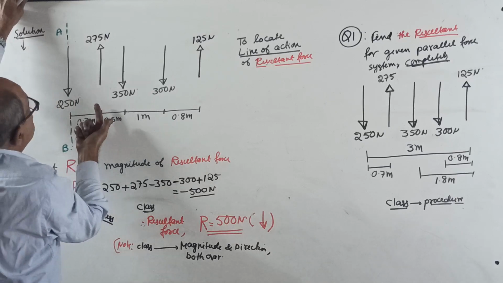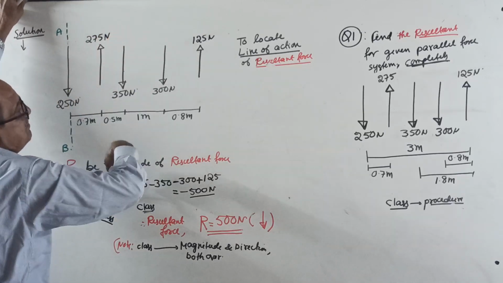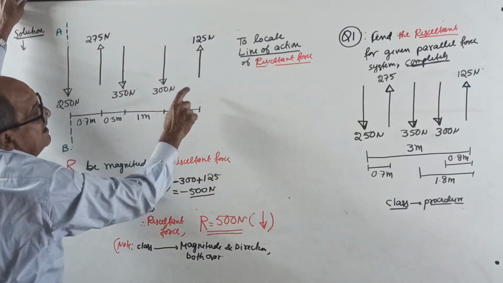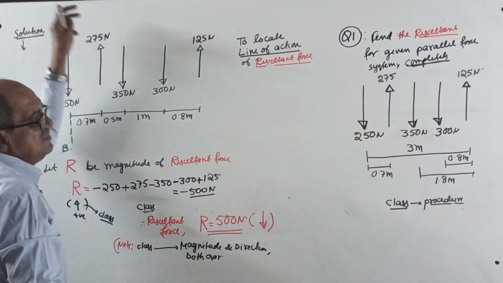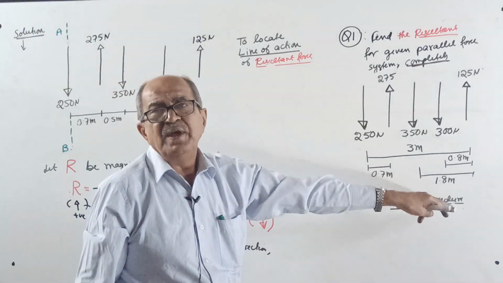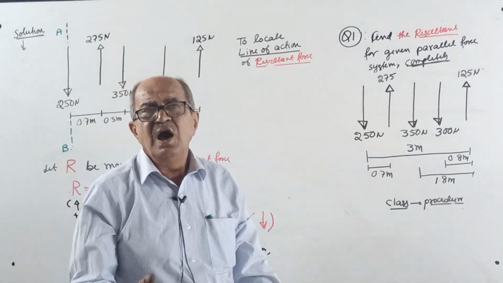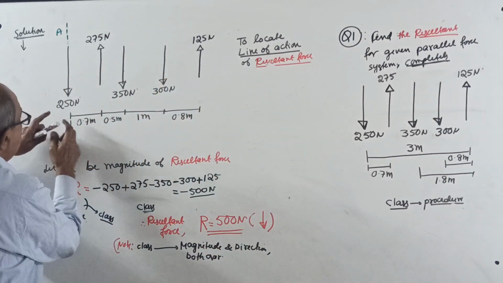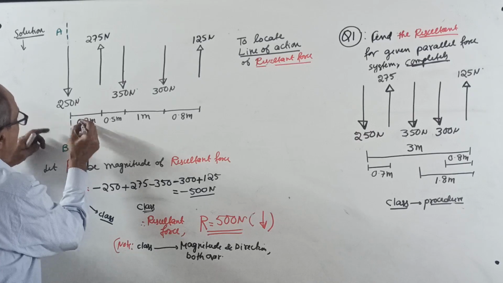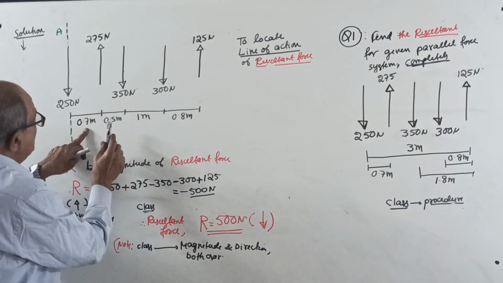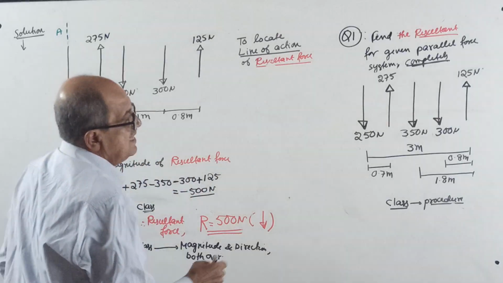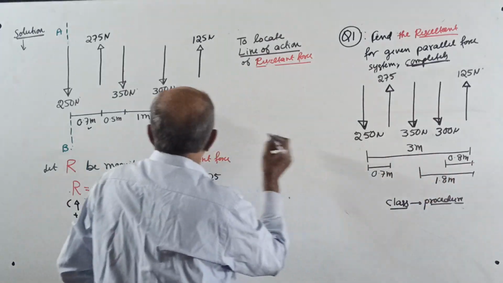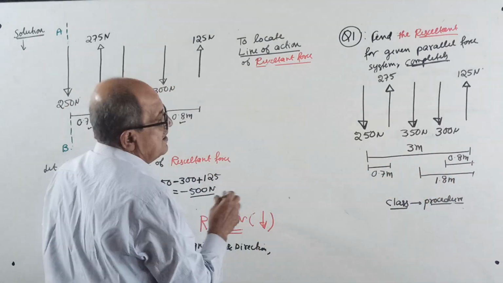250, 275, 350, 300, 125. The distances are given in an odd way, so it is better to always cut the distances. See, 0.7 meter is given, so this is clear. Then 0.8 meter, clear.